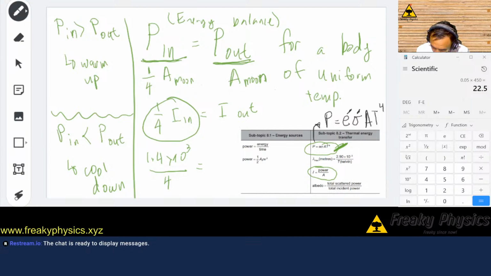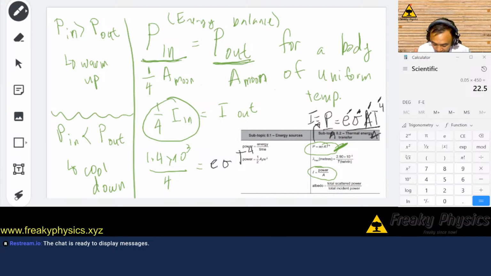This is the Stefan-Boltzmann constant, which is in the data booklet. This is the area of the body, and this is the temperature of the body in kelvins. If I divide both of these by A, this A cancels out, and that's the intensity, right? So basically we're going to write here e sigma T to the 4.